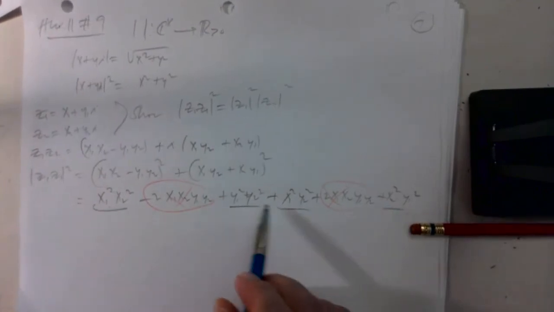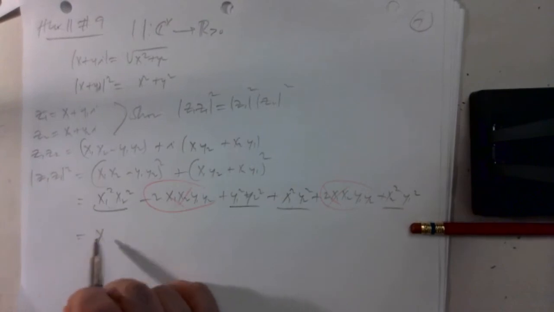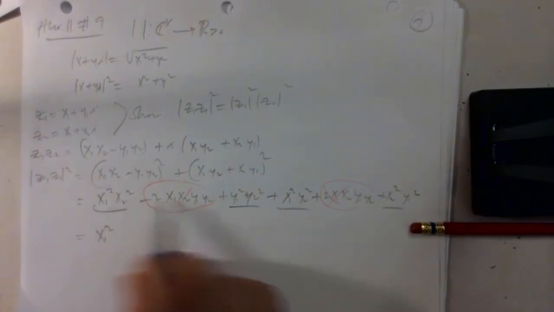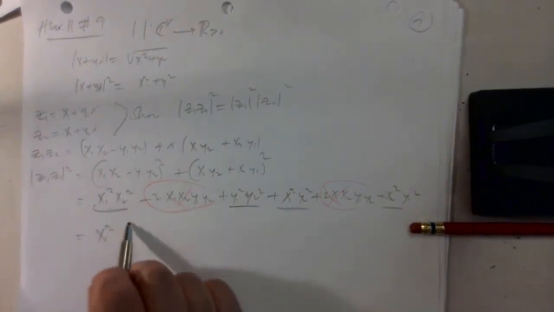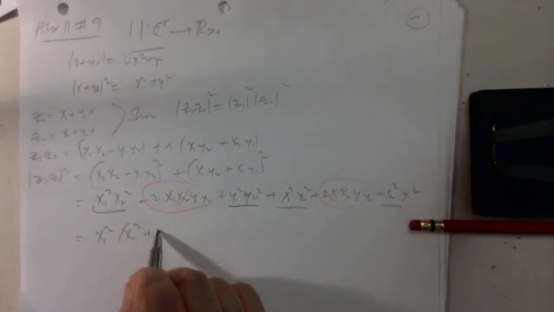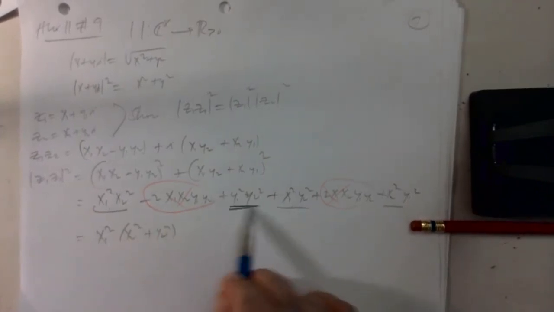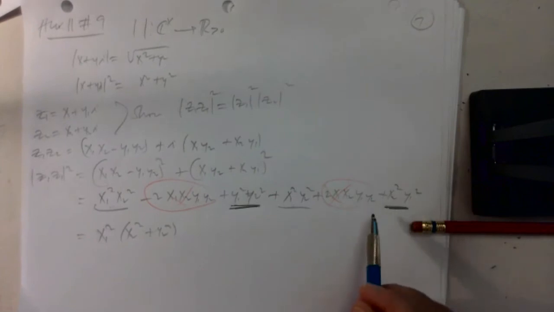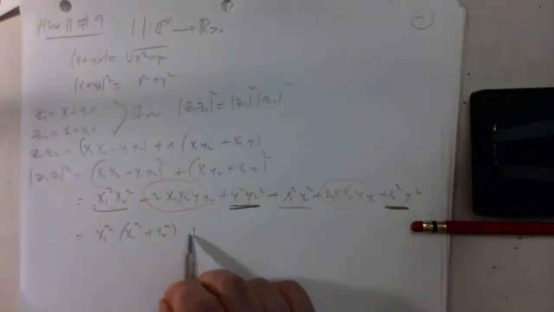So if I take these two terms, that's x1 squared, and I can factor out x1 squared from both of these, x2 squared plus y2 squared. And from these two terms, I could factor out a y1 squared.